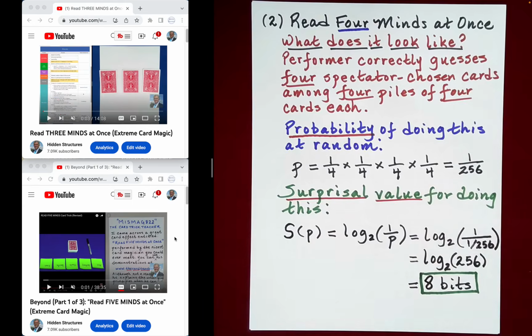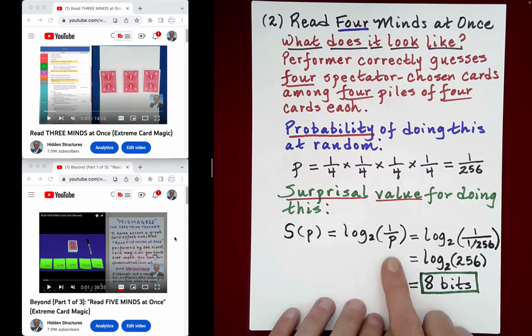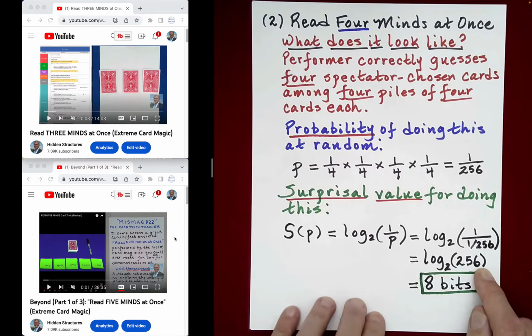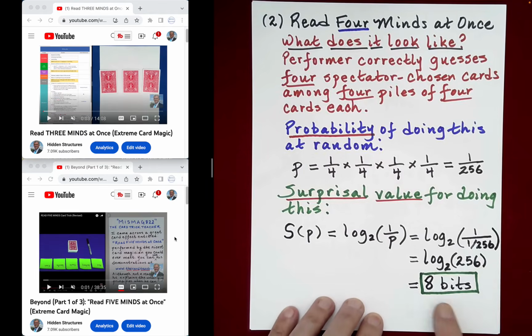So the probability that I would correctly guess all 4 spectator-chosen cards is 1 divided by 256. Well, in terms of surprisal value, this becomes log base 2 of 256, which is exactly equal to 8 bits of surprisal.